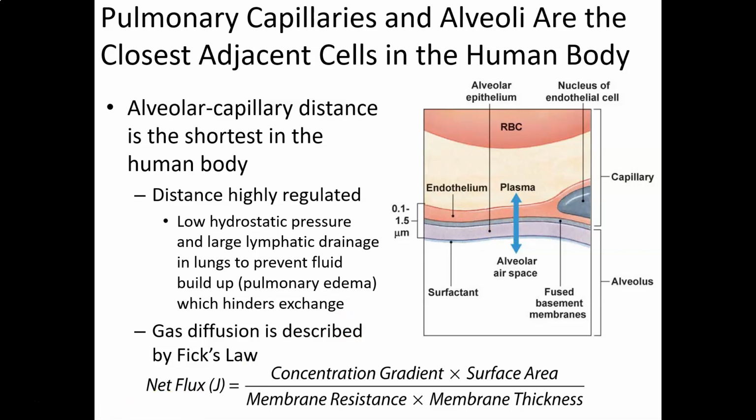And so there are a number of other protective mechanisms that help keep this at a small spacing. First of all, there tends to be low hydrostatic pressure within your pulmonary system. Remember, going back to the cardiovascular system, that the blood pressure of the pulmonary trunk is like 15/5.